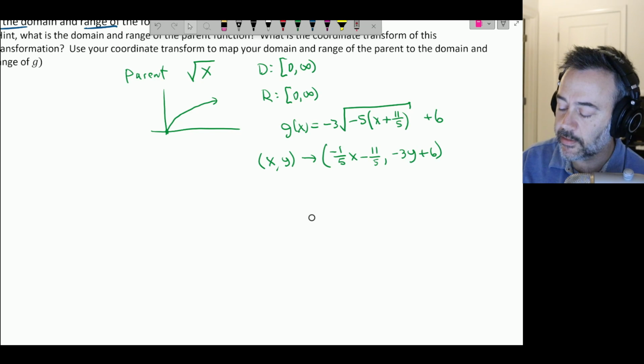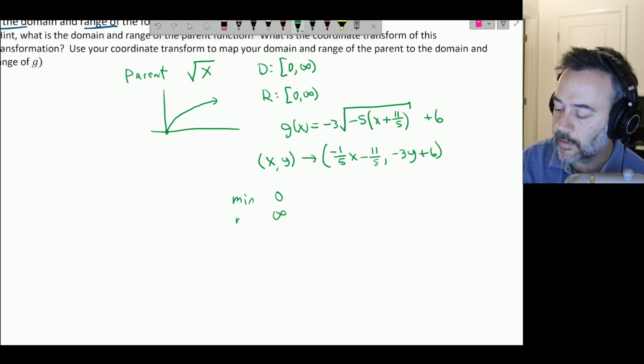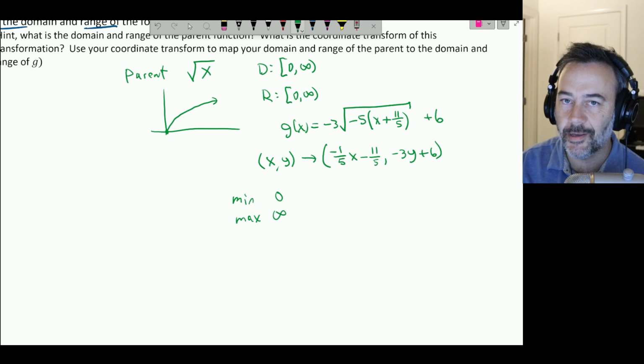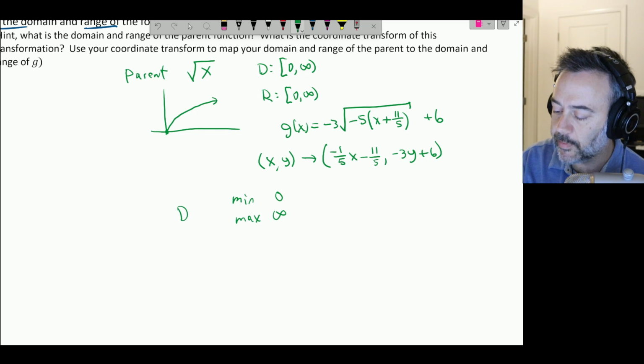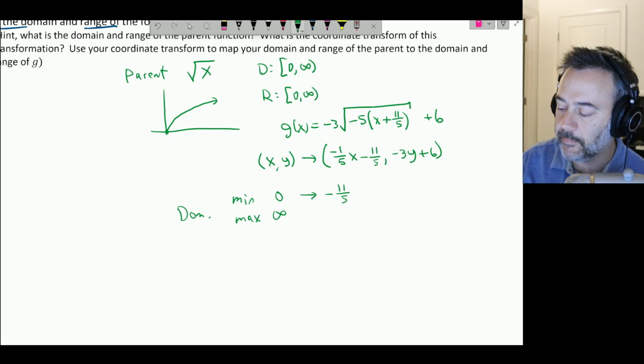So it turns out this is quite easy, because the domain is 0 and infinity, min max. It's not really a max, but I'm just saying the right-hand side of the domain. It's not actually a max. So this is domain. And then what does 0 map to? 0 maps to negative 11/5. What does infinity map to?